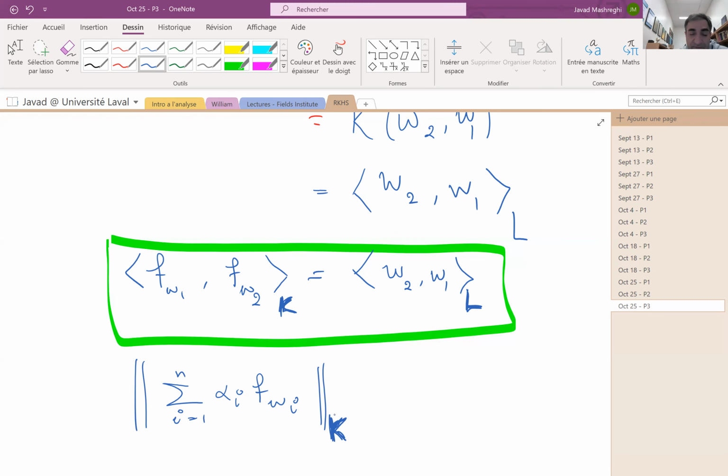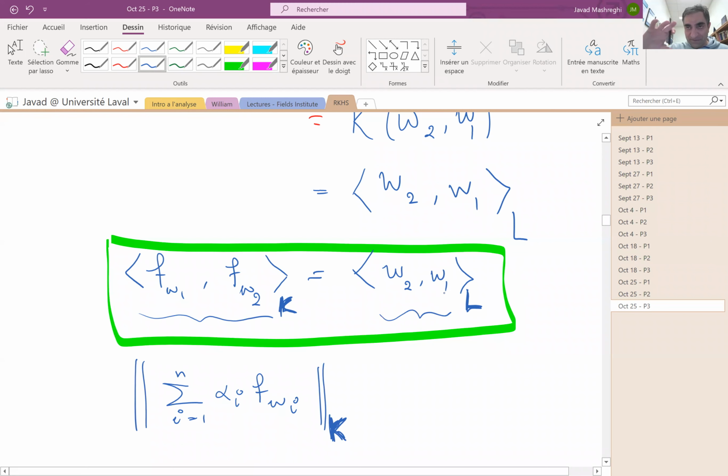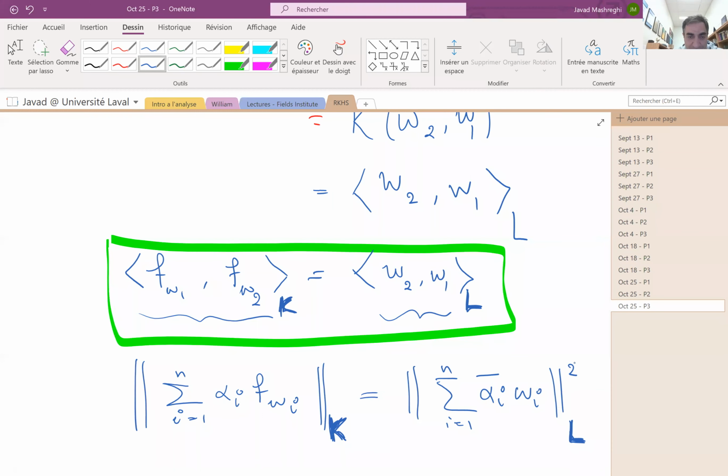You square it, it is the norm with its inner product with itself, one sum with i, the other sum with j. Then you replace it by this and do the reverse operation in L, and then sum them up. At the end, you find it's the sum i from 1 up to n of alpha_i bar w_i in L, squared, for any collection of w_i's and alpha_i's.